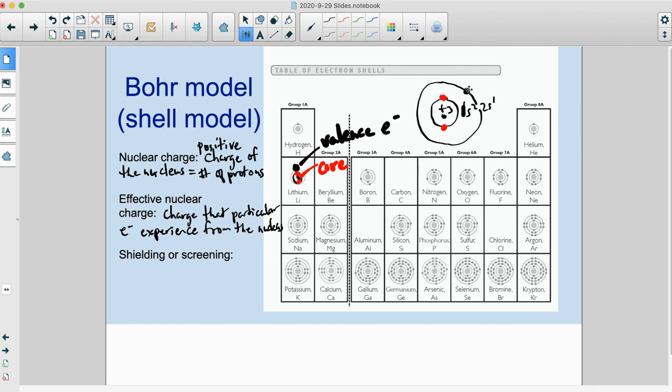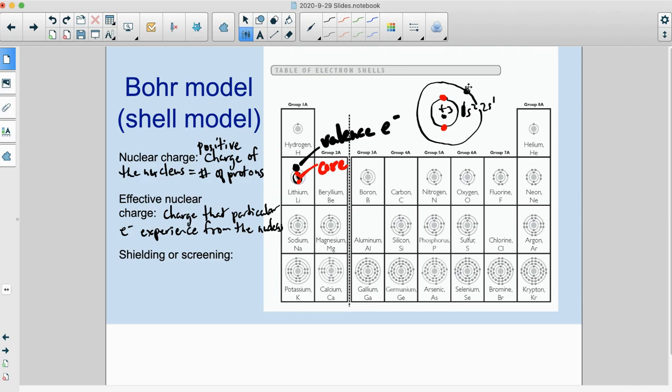That's our valence electron. So we have 2 core electrons and 1 valence electron. The core is going to feel the full positive 3 charge from the nucleus. These electrons are directly next to the nucleus.